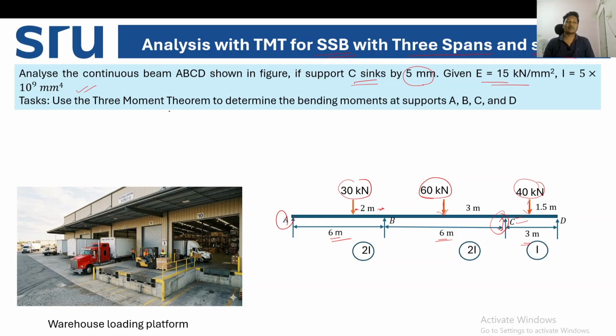The task is to use the three-moment theorem to determine the bending moment at supports A, B, C, and D. This diagram just showcases a scenario: let's say this continuous beam ABCD is one of the continuous beams in this warehouse, along with other loading conditions in the warehouse.